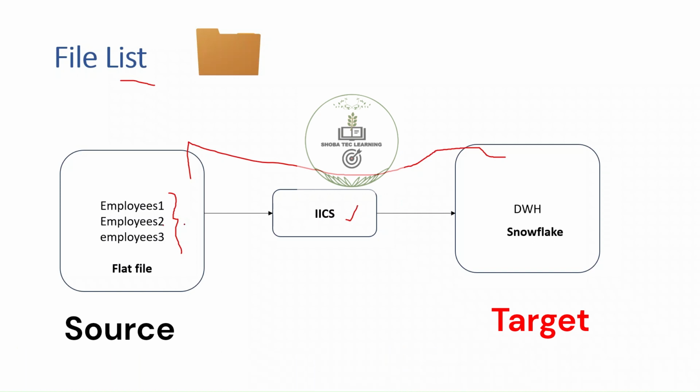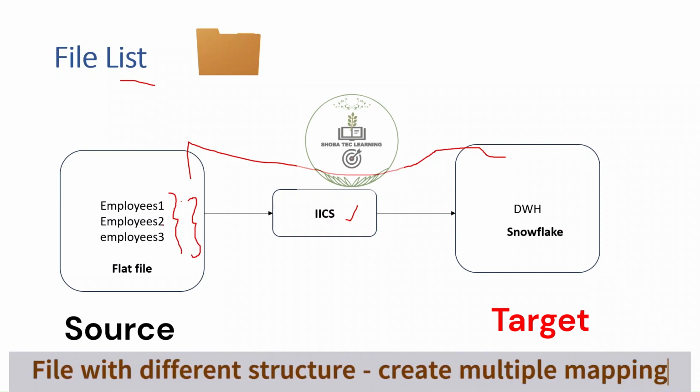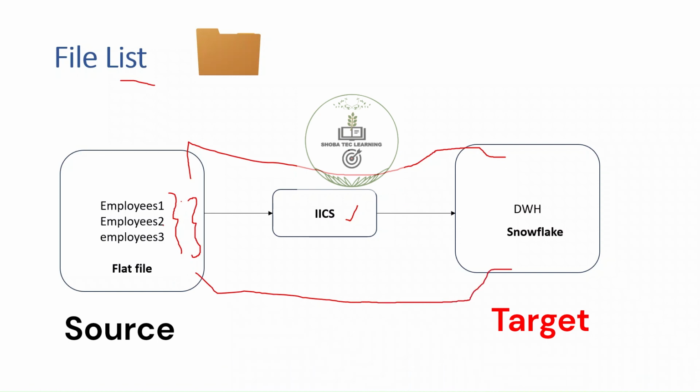Now the second scenario: if we are getting multiple files but in different structures, then we can use a different mapping for each of the files and load to the target. So if you have the same structure we can use the file list.